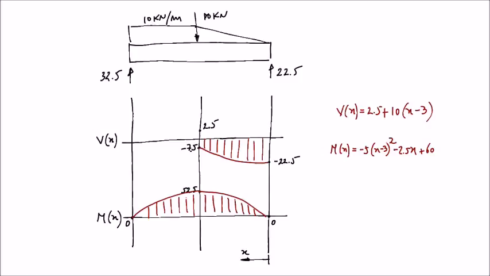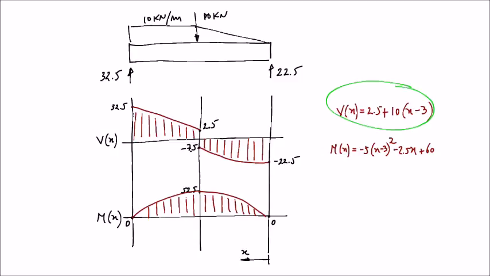This equation for the transverse shear force is a linear equation of a line. So I can just say this is 32.5, and then we have the linear distribution for the transverse shear force.